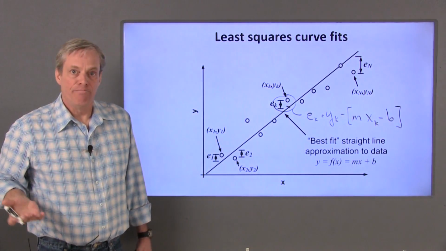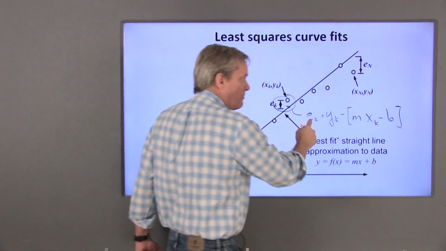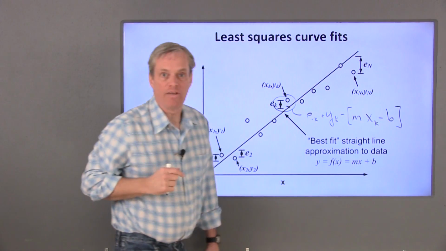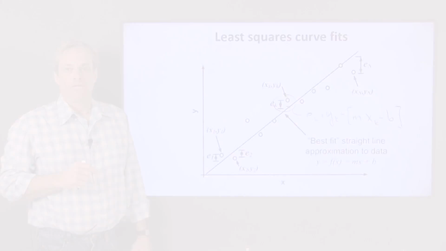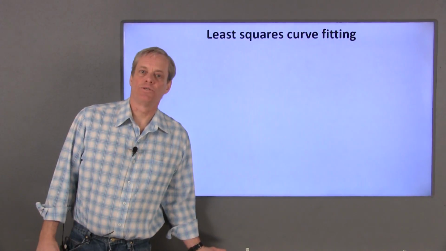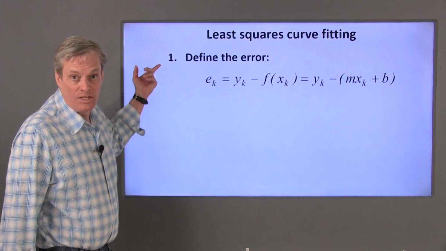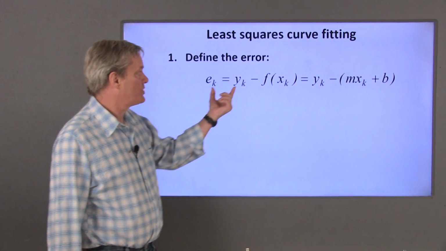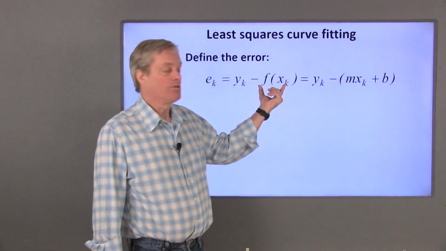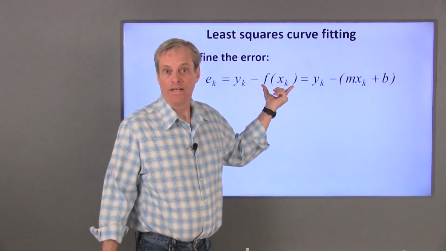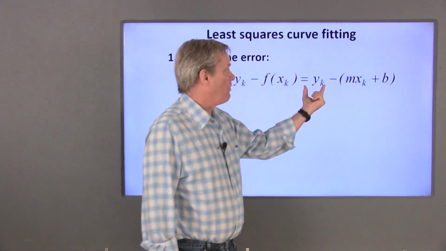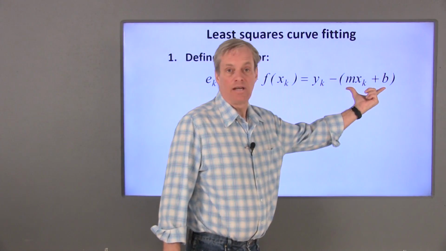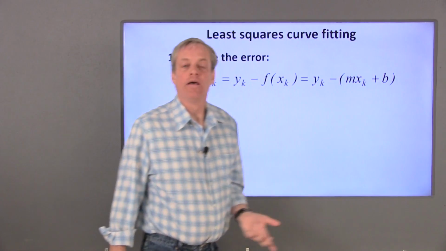Our goal is going to be to minimize the error by choosing appropriate values of m and b. Now I'll summarize the approach. The first step is to define the error at the data point k, which is the difference between the measured y value and the value of the function given by the curve fit at that data point. That's y sub k minus m times x sub k plus b.